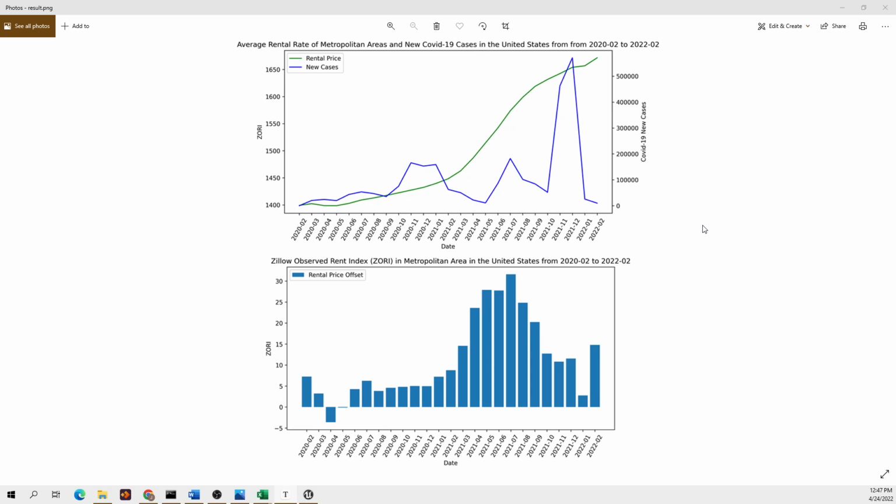It shows data and trends very clearly and can help make predictions about data not yet decided. But a line chart is also difficult for making out exact values, so I use a bar chart to illustrate the rental rate offset between each month, and it is easier to compare the trend.